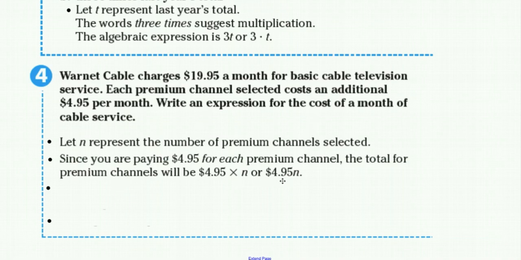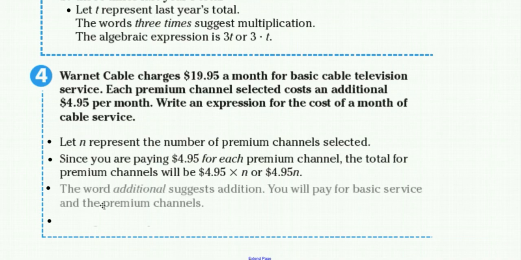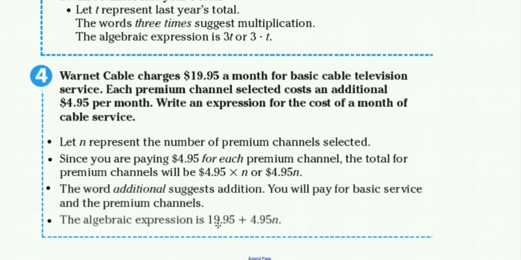After we wrote an expression for the cost of the premium channels, which is 4.95n, we simply add the basic charge, which is $19.95. So we end up with $19.95 plus 4.95n.